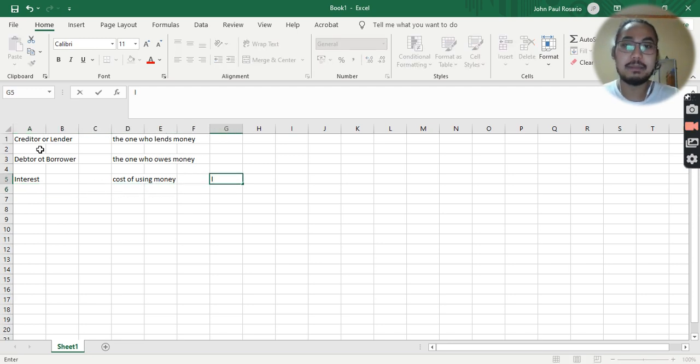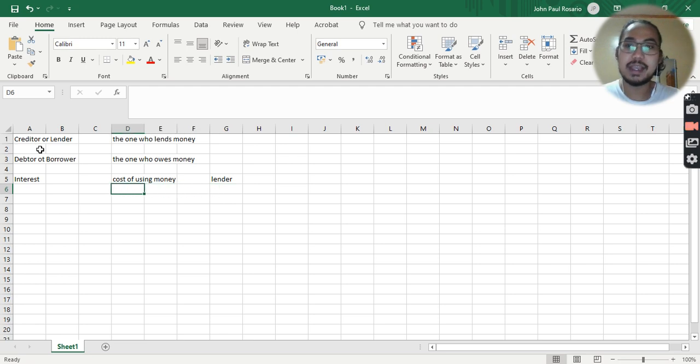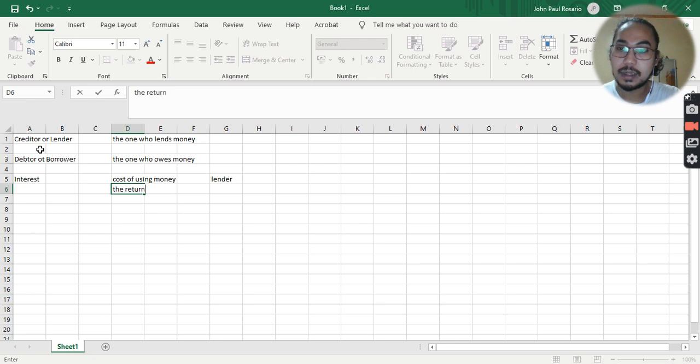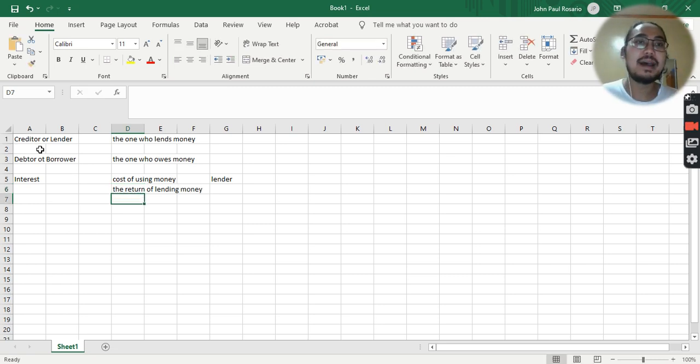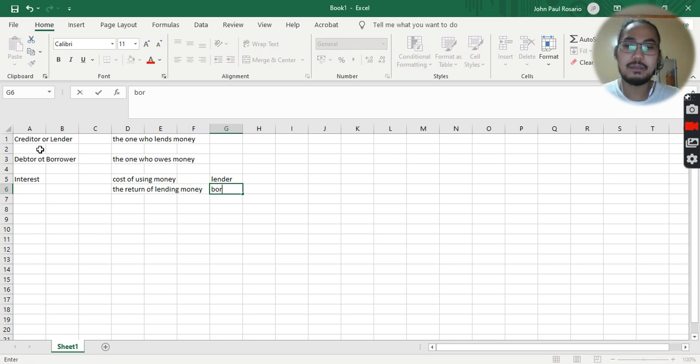If you are the borrower, you pay, so it is an expense on your part. If you are the lender, this is a return on lending money.